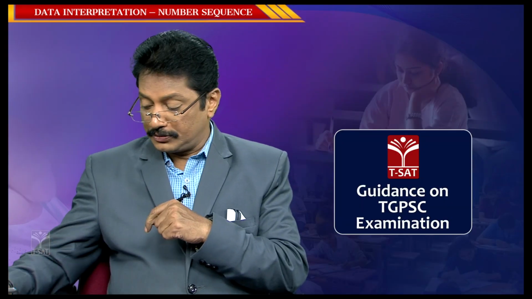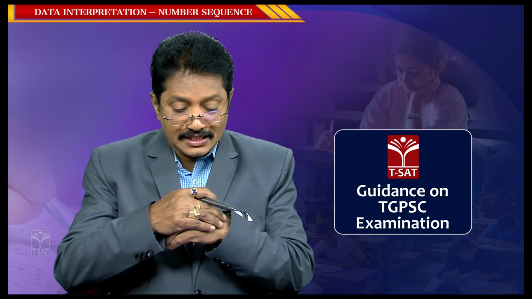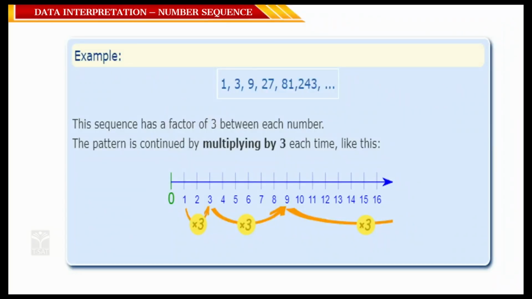Okay. Now, we will see this example: 1, 3, 9, 27, 81, 243. When you multiply 1 by 3, you will get 3. When you multiply 3 by 3, you will get 9. When you multiply 9 by 3, you will get 27. When you multiply 27 by 3, you will get 81. When you multiply 81 by 3, you will get 243.